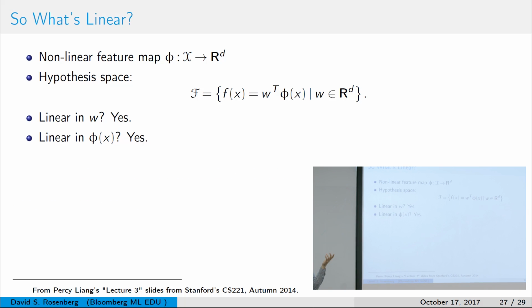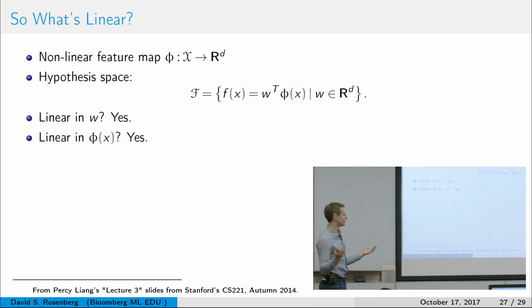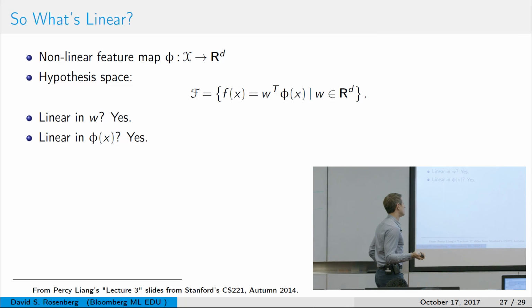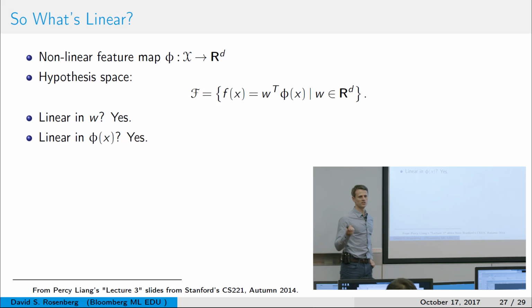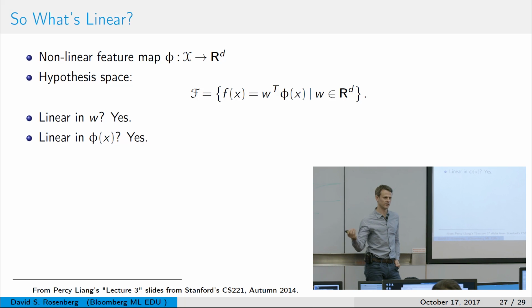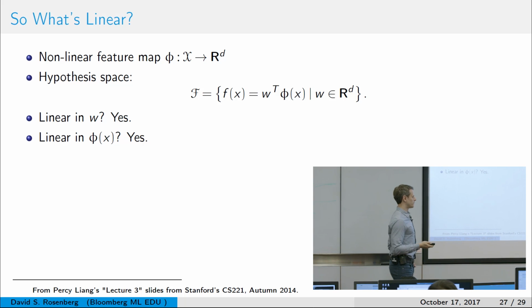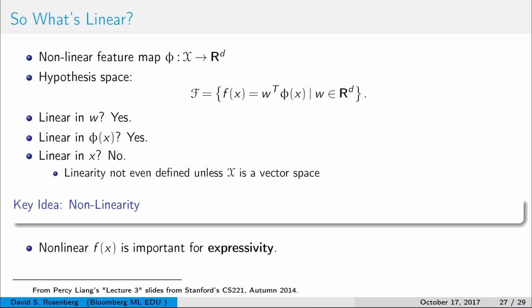To talk about linearity, you need a vector space. You need vectors you can add together. You have to define addition and scalar multiplication. And there's no vector addition defined for MP3 files, right? Or DNA sequences. So linear in x is not even well defined.